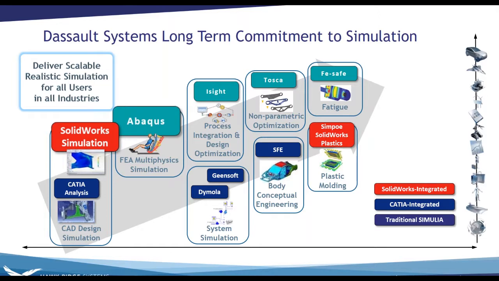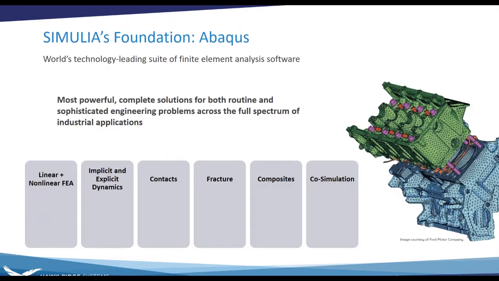And all of these tools work together in a similar interface and to help you solve some of the challenges that you might have in your life science simulations. The foundation, of course, is that really robust Abaqus product. Now, Abaqus is a great nonlinear solver, but it certainly can handle linear problems as well.